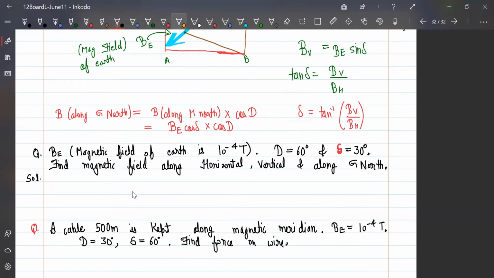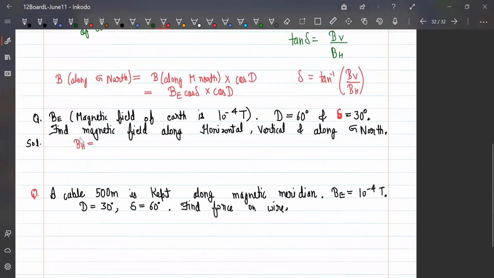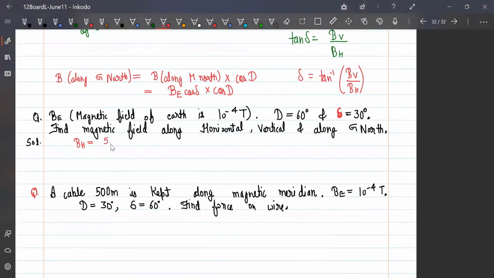For the first one, can you tell me the answer? Sir, I got 5 root 3 into 10 to the power minus 5. For horizontal. Okay. That will be BE cos delta, no? So 5 root 3 into 10 raised to minus 4.